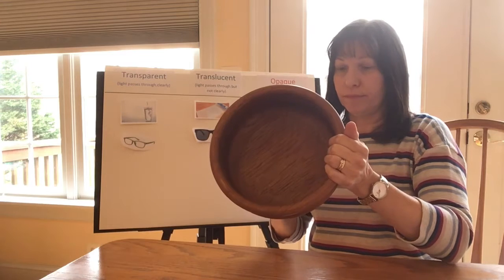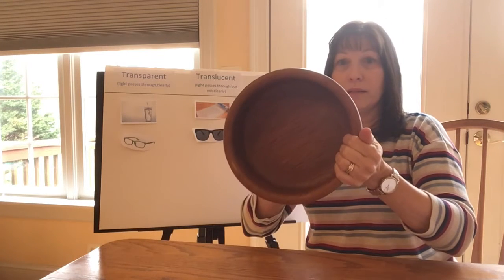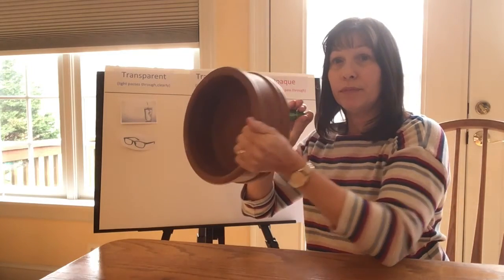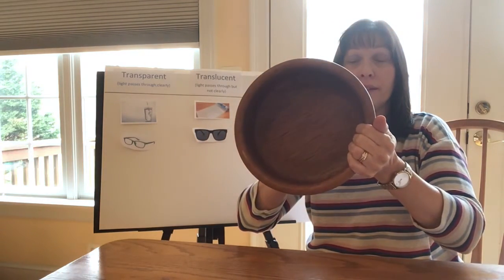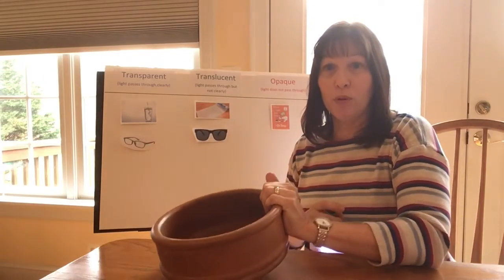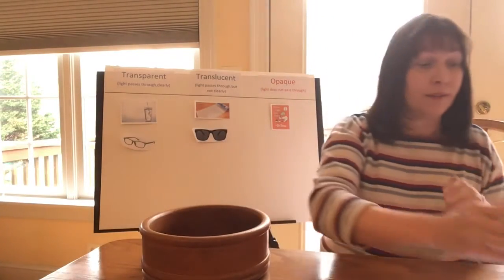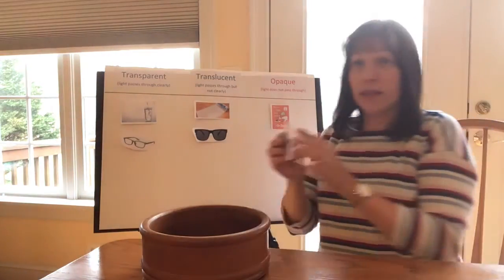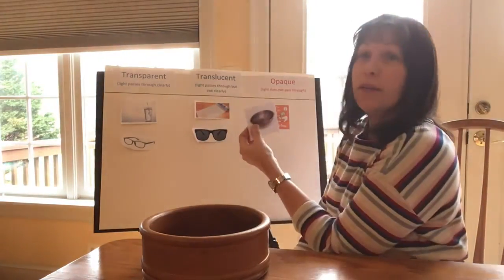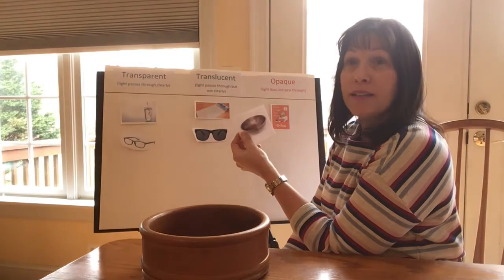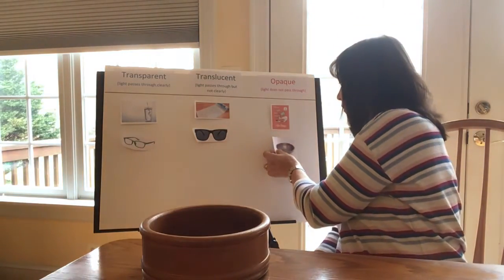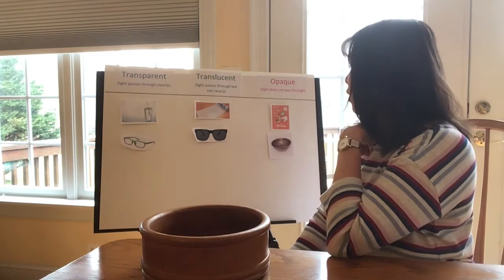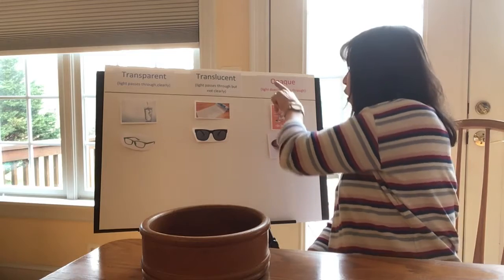And light does not pass through it. You cannot see light on the other side. This is another example of opaque. Cannot see through it, and light does not pass through it. Goes over here. It's very similar to the book. Both these items are opaque.